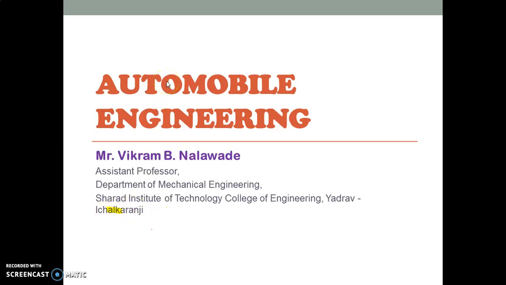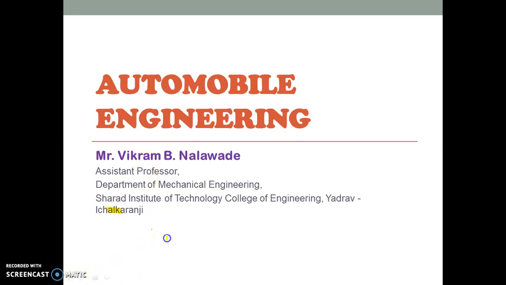In previous lecture we discussed volumetric efficiency, fuel consumption, then some of the losses in the engines, mean effective pressure. So that remaining part we will cover in this lecture.